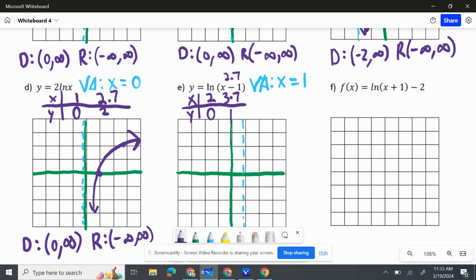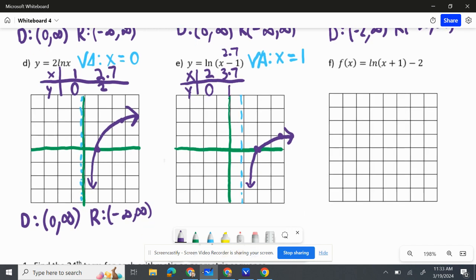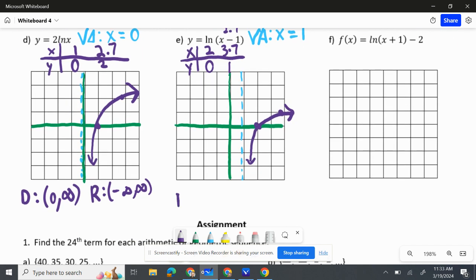We have our 2 and 0. We have our 3.7 and 1. And that right there gives us our graph. When we're looking at our domain, it would be 0 to infinity. And when we're looking at our range, we have -infinity to infinity.